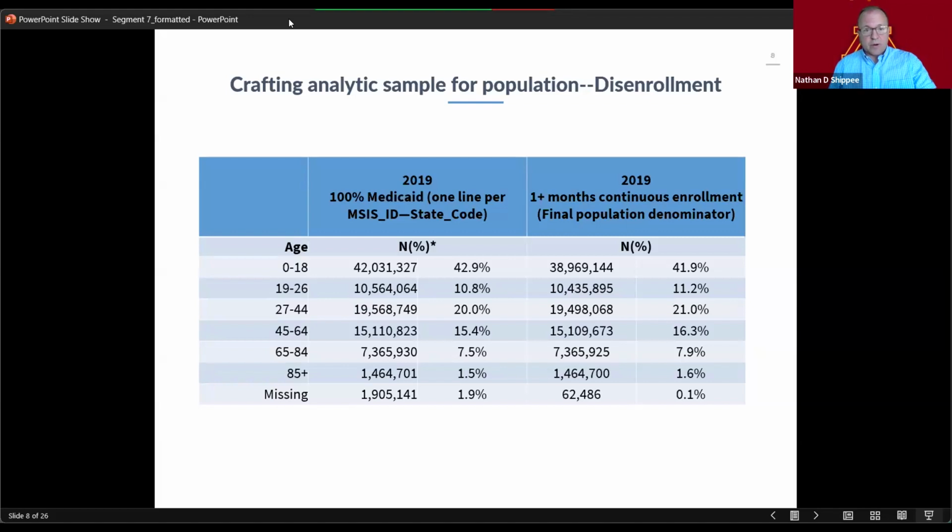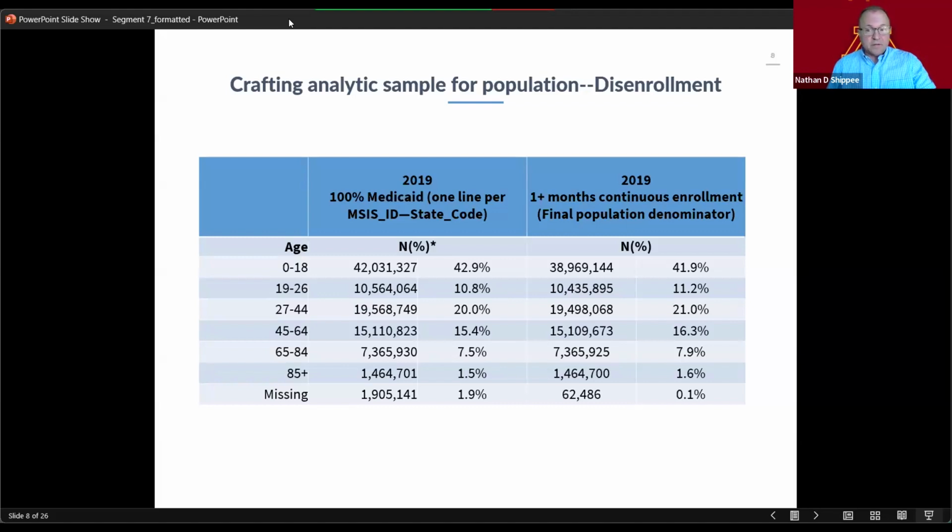And we thought that could represent volatility of enrollment systems or other things where there's something going on that we can't quite explain. So for lack of a better word, to clean our starting point, we chose 1 month or more of continuous enrollment as our denominator. So you'd say these are people who have at least 1 month of continuous enrollment to start.